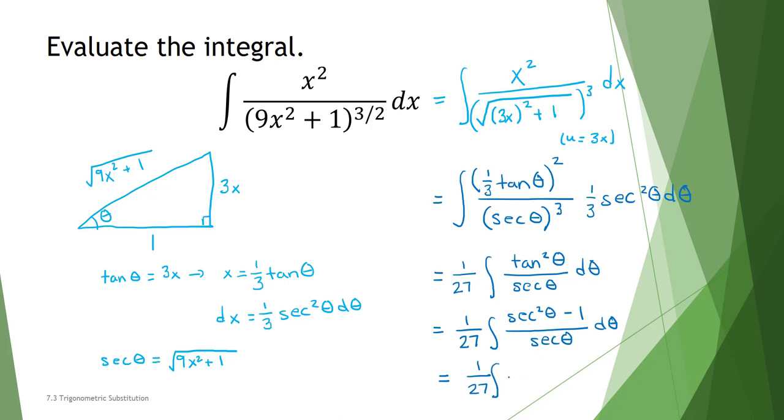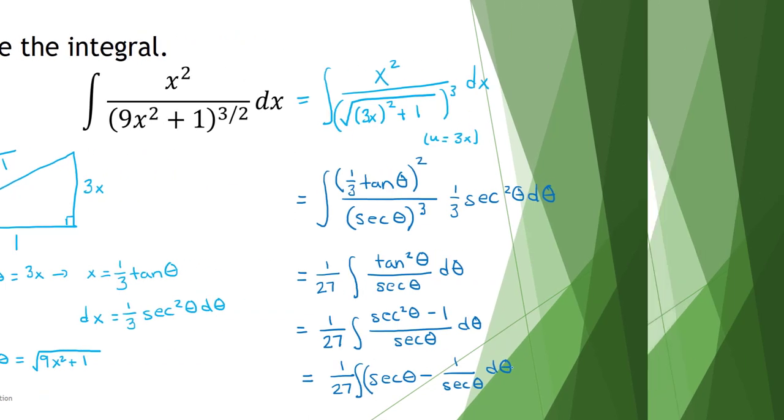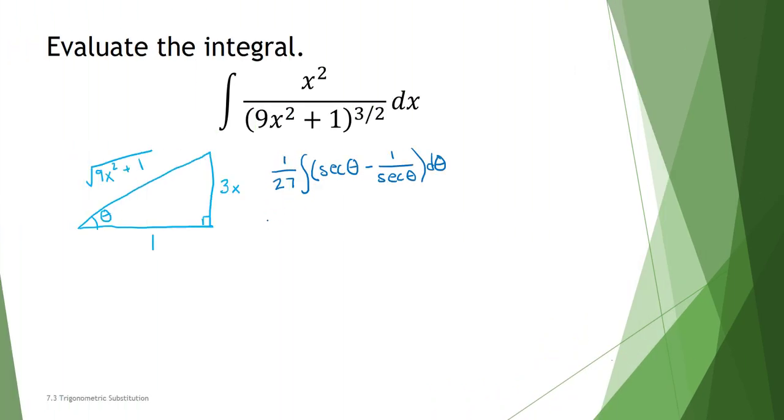So secant squared theta divided by secant theta is secant theta, then minus 1 over secant theta, d theta. This is what we had before I ran out of room. We can use one more trig identity to rewrite 1 divided by secant theta as cosine of theta.